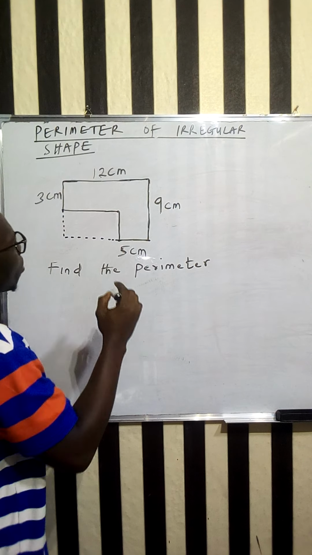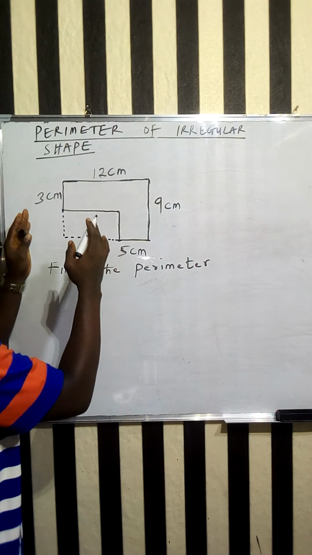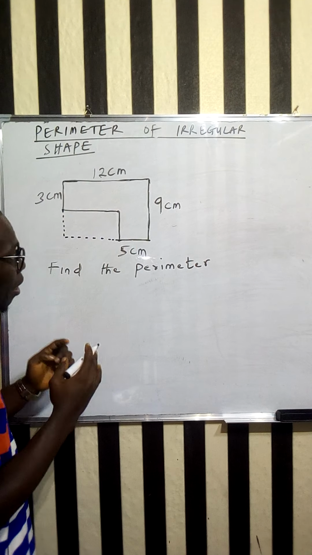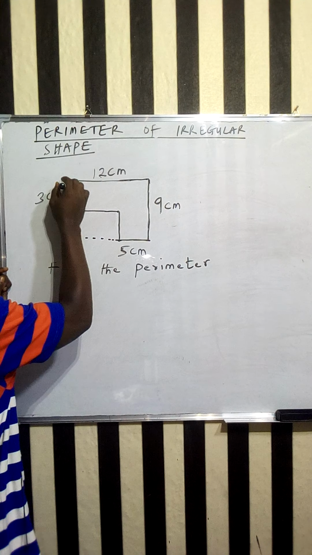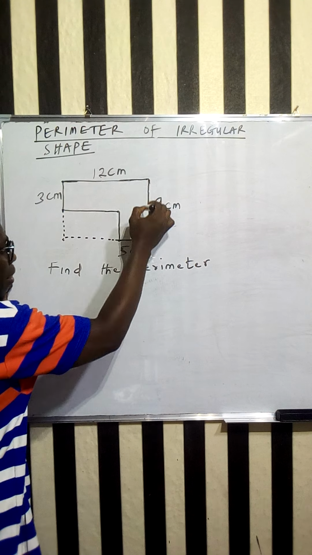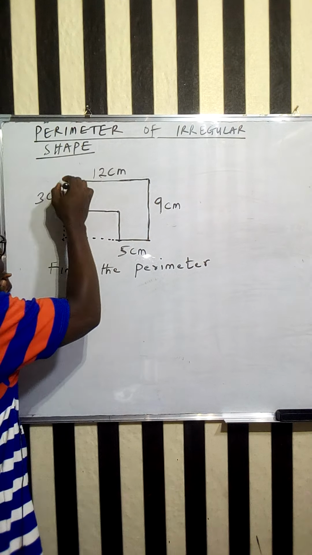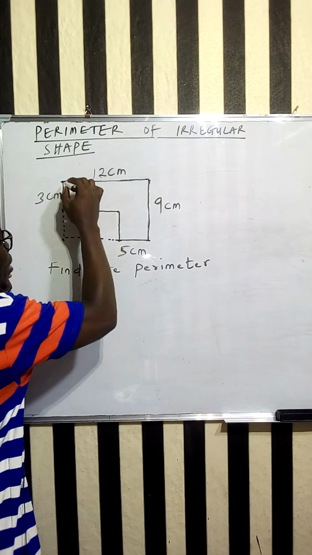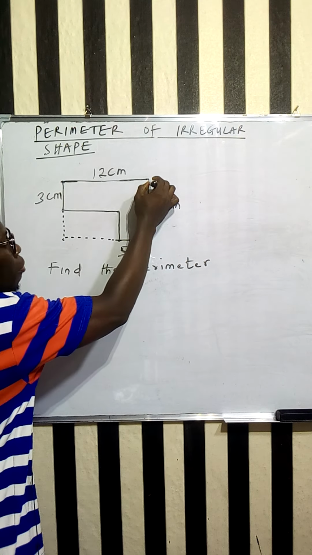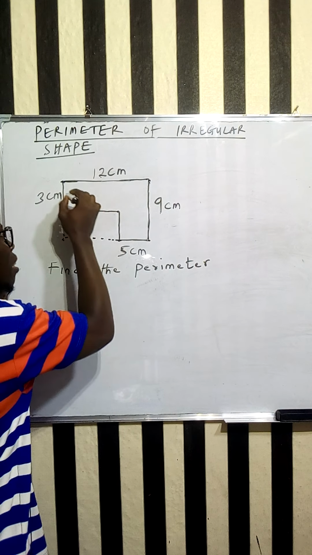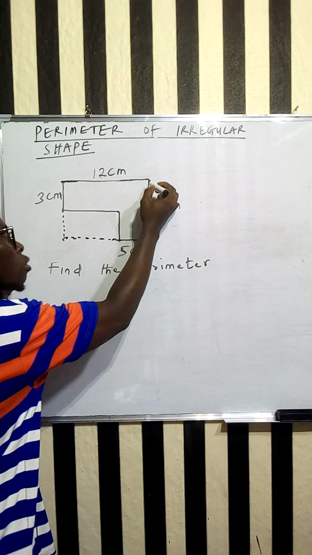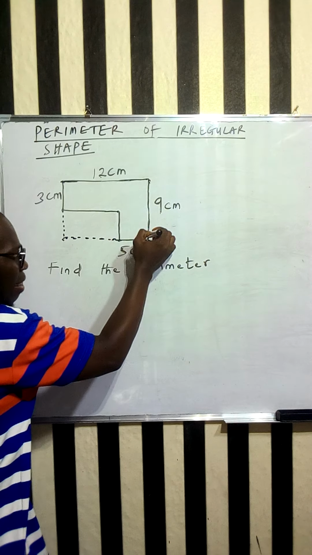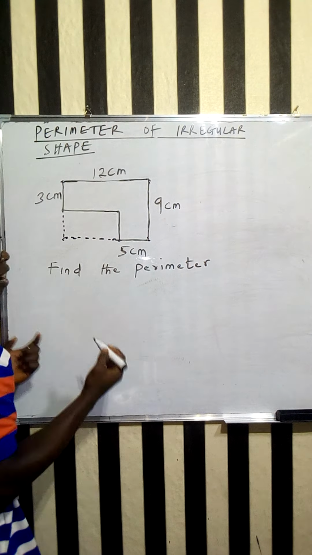All right. Now I can see that the diagram is now a common shape. Now you can see that I can compare this side here and this side here. And remember, from here to here is 9, and from here to here is 3, and from here to here is 9. After joining this line together, I can assume that this side here and this side here are equal.